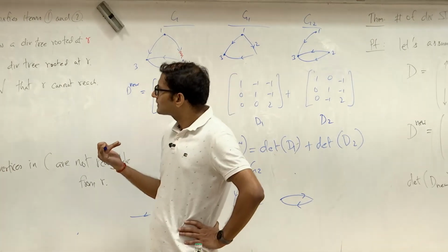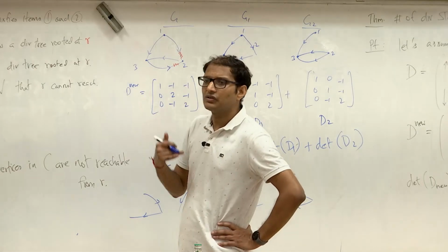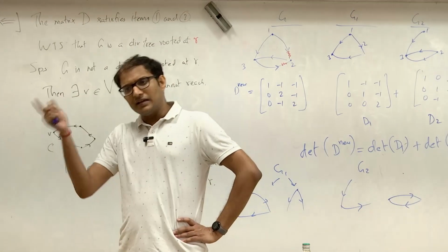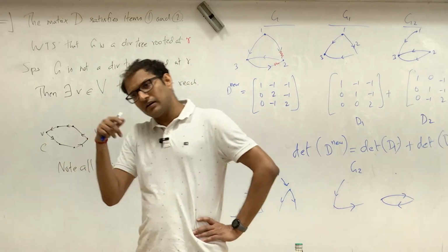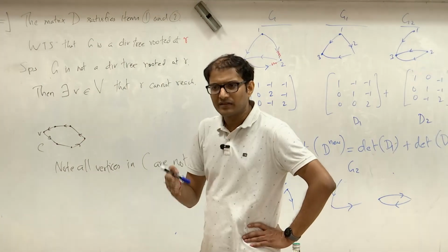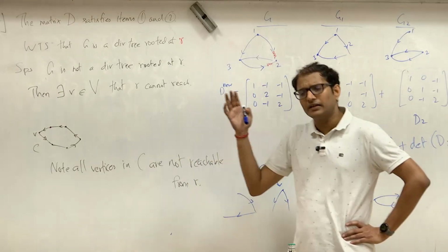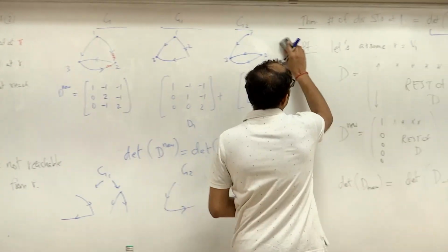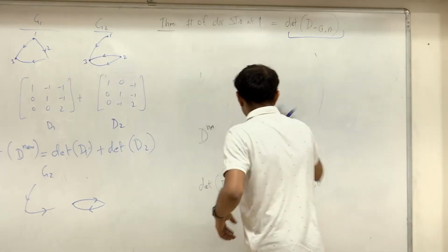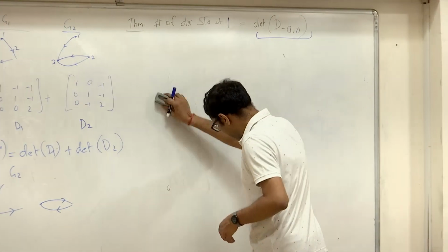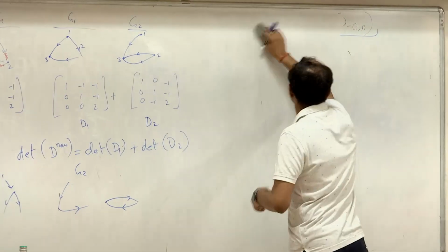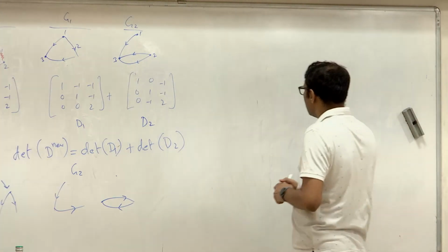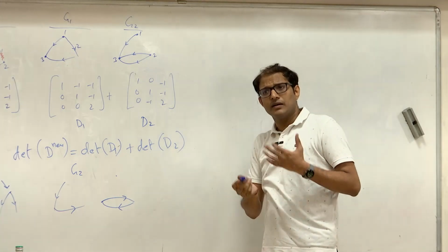So what you're asking is that if my graph does not correspond to a divergent tree, but it has this property that all the in-degrees... the in-degree condition is okay. So let me make sure that I write what your question is. So remember what our lemma used to assert.